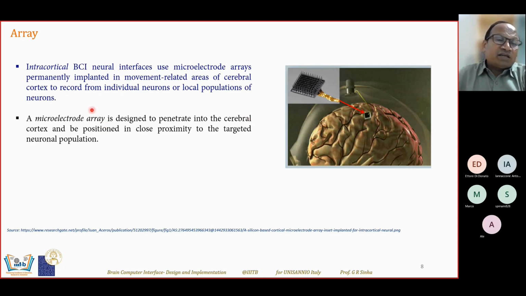But where do we place the array? The placement of the array is made very near to our target, the area we are interested in studying.